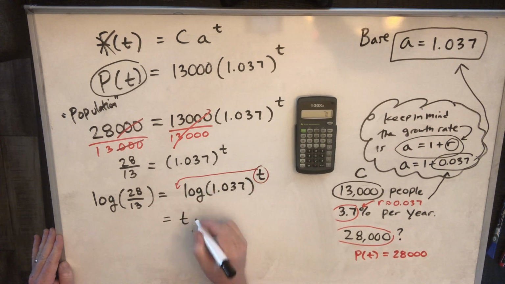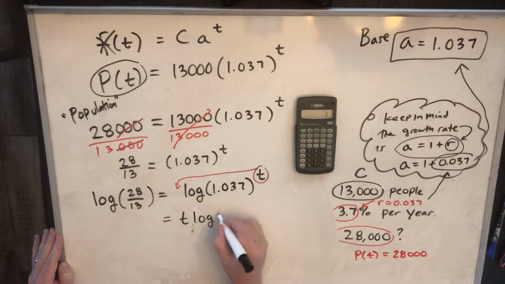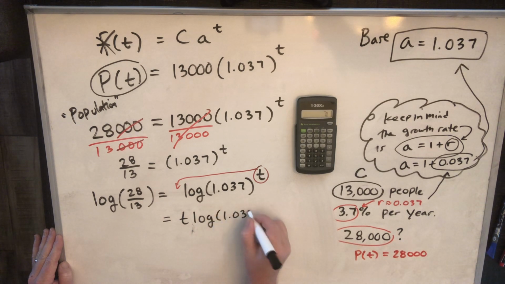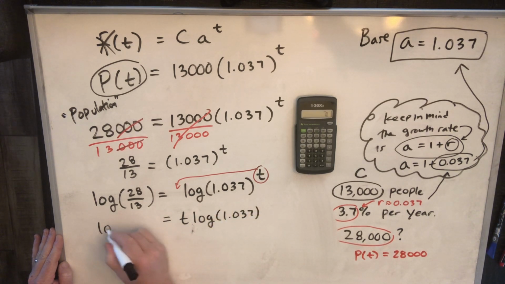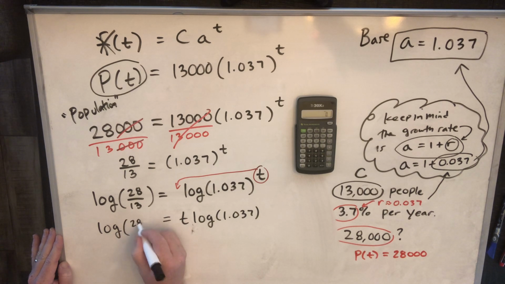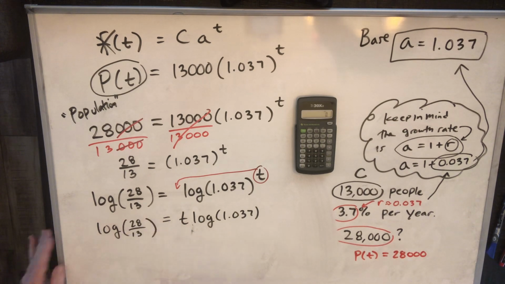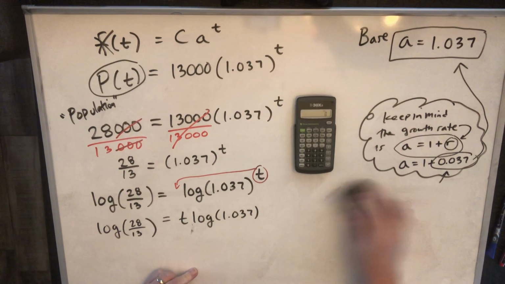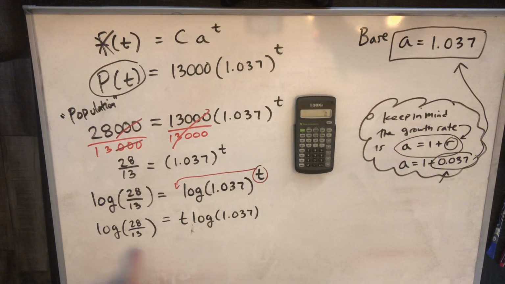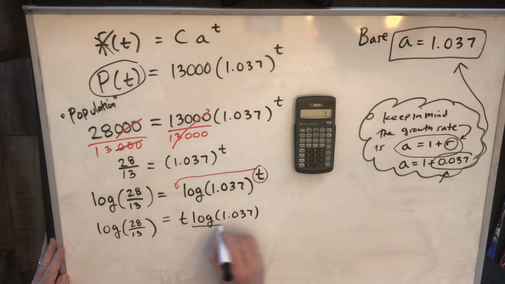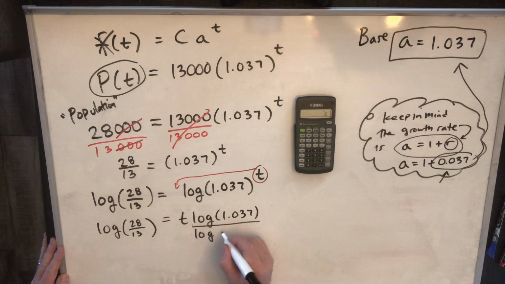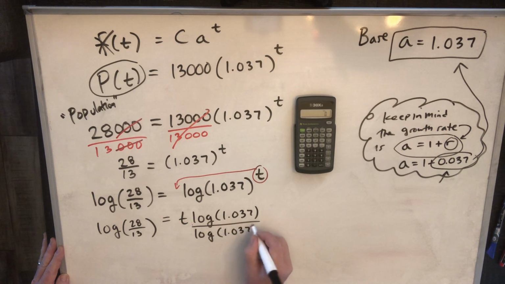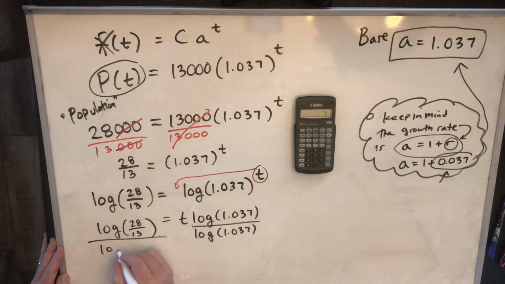Bring the t down to the front, becomes the coefficient. Keep in mind that your only variable now is t, so these logarithms are constants. I'm going to divide both sides by the log of 1.037, and I'm going to enter this into my calculator very carefully.